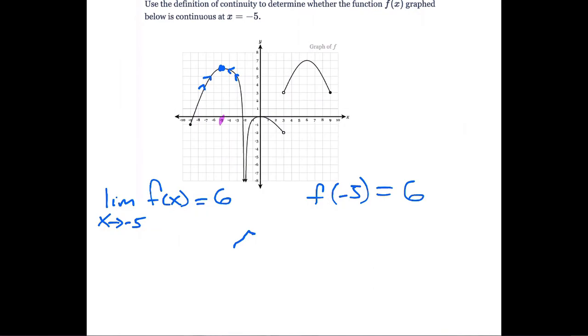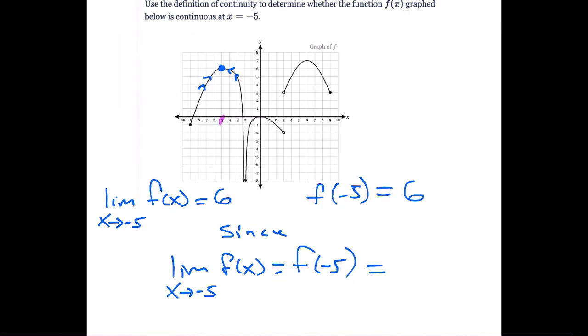Okay, so since the limit as x goes to -5 of f of x is equal to f of -5, which is equal to 6, yes, we do have continuity when x is equal to -5.